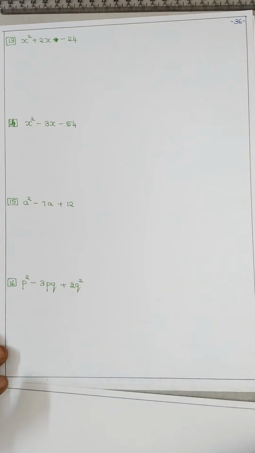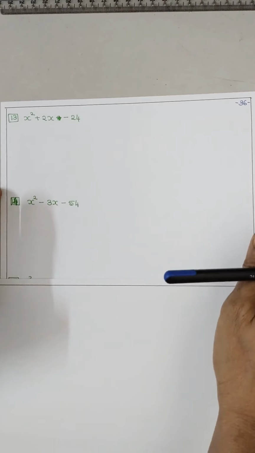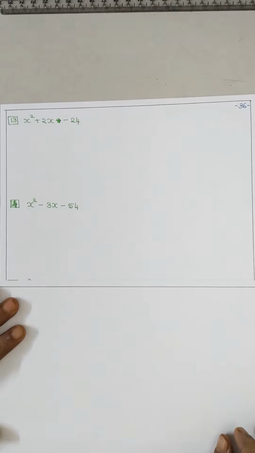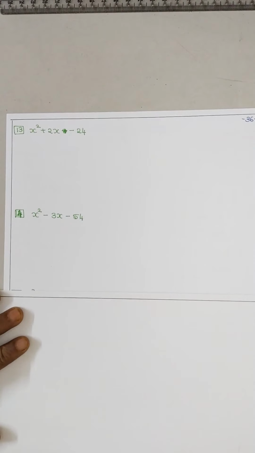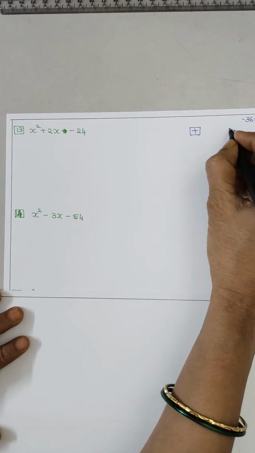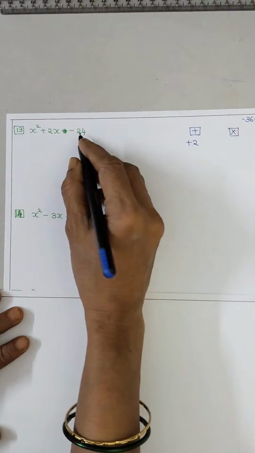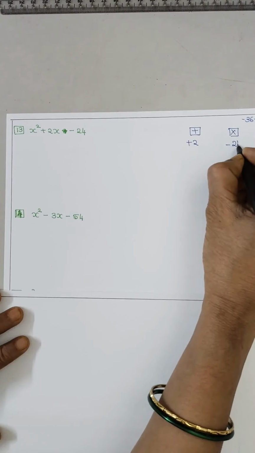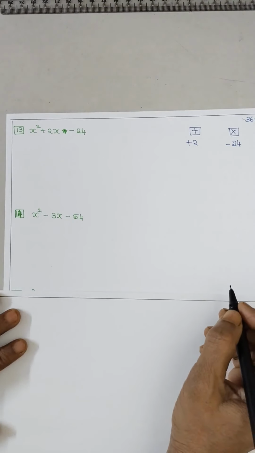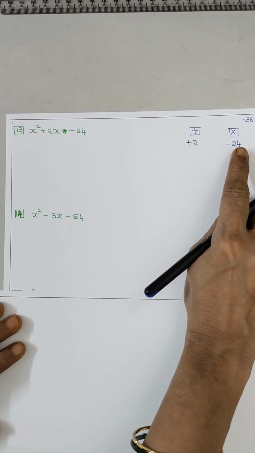Now coming to the 13th sum. It is x squared plus 2x minus 24. Sum, product. Sum is plus 2, product is minus 24. When you multiply, the answer should be 24.